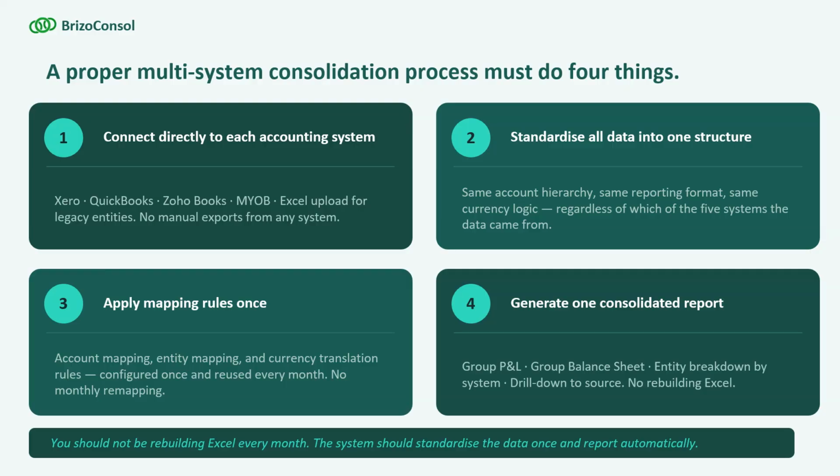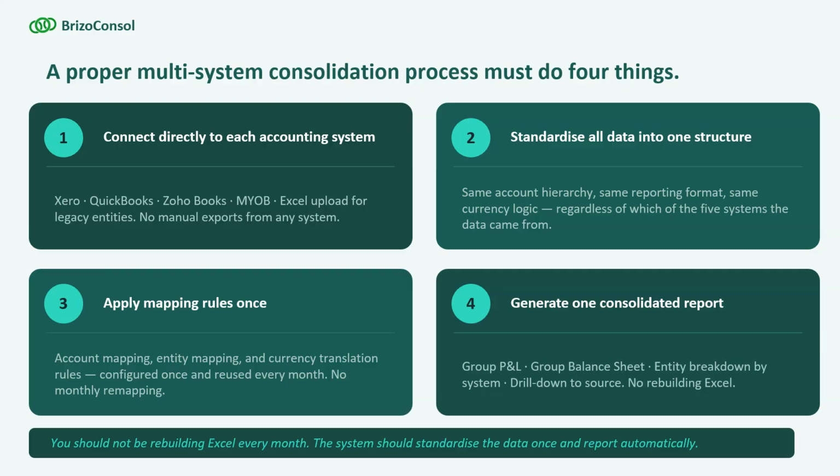A proper multi-system consolidation process should: 1. Connect directly to each accounting system. Xero API, QuickBooks API, Zoho Books API, Excel import for legacy entities. 2. Standardize all data into one structure, regardless of source. Same account hierarchy, same reporting format, same currency logic. 3.